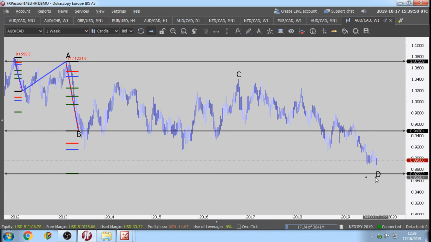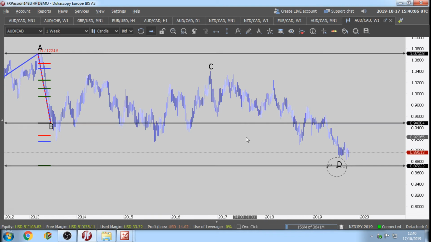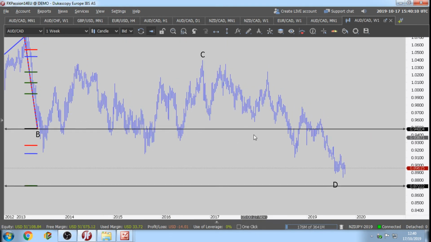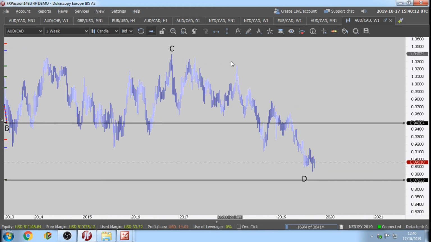So we are a few pips away, right? The market should hit. It's just a matter of time when the market is going to hit the appropriate D extension. The one before was confirmed. Okay, now for the beginner traders, when the market hits the D extension, what is it going to do?